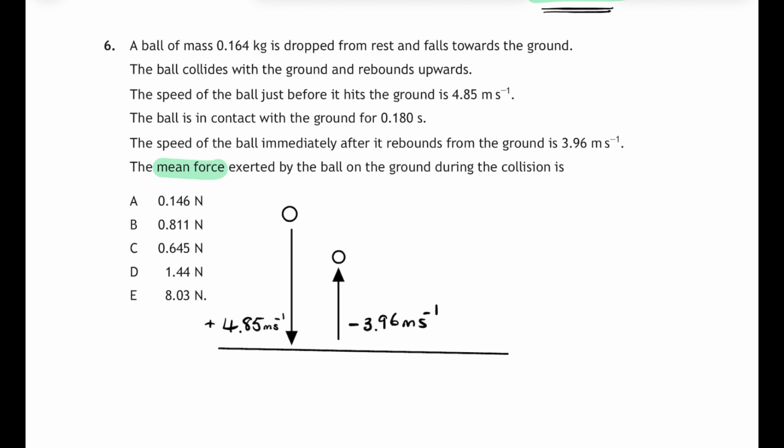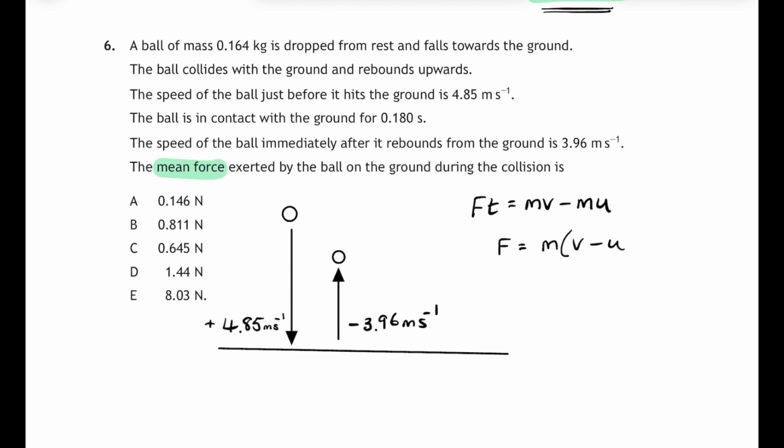So this is an impulse and change in momentum question. So let's write down the relationship: impulse is equal to change in momentum. And then we have to determine the mean force, so that's F. Let's rearrange it a little bit so we've got F on its own. So F will be equal to, now I'm going to take the m out as a common factor.